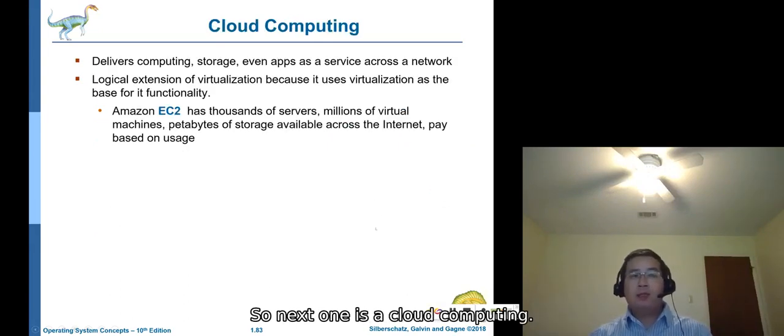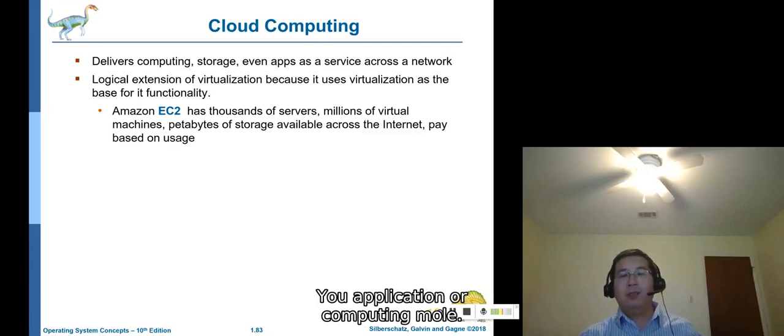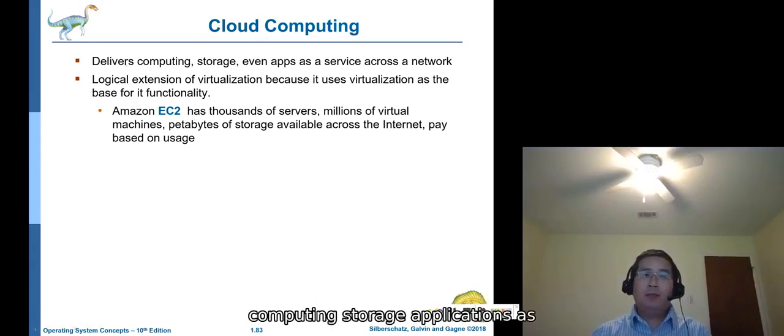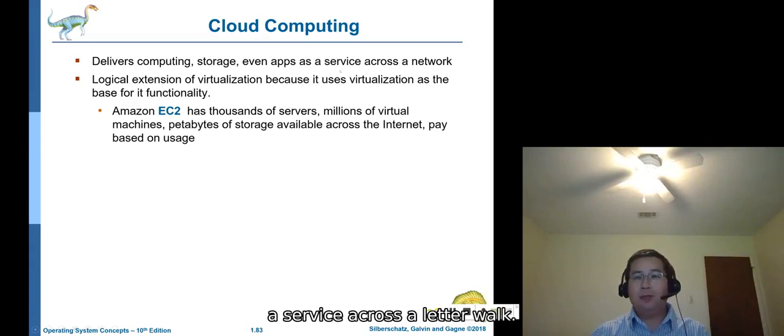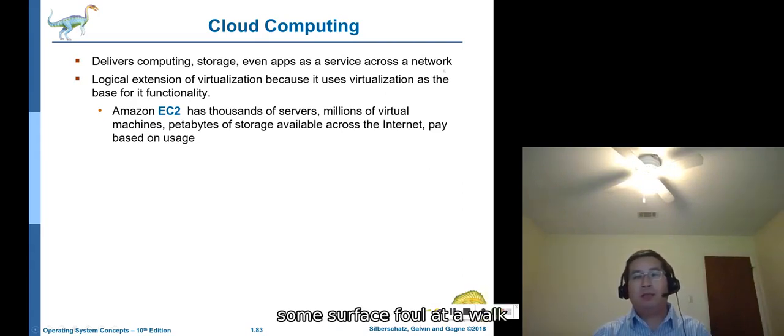So next one is cloud computing. This one is famous. Its usage is a very hot application or computing mode. Okay. So the definition for this one is delivers computing, storage, even applications as a service across the network. So that means that you can request some service via network, and then the other side will provide this service.